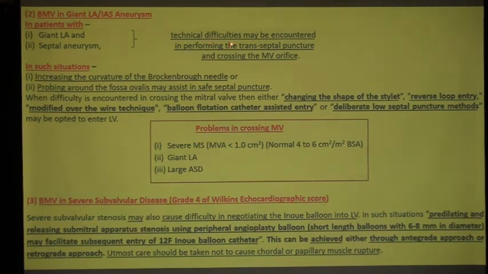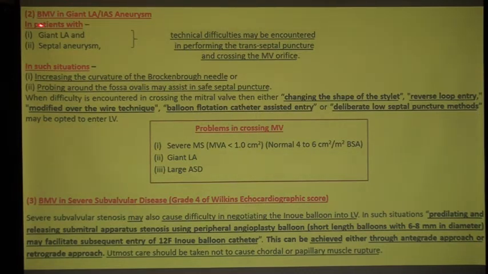Then the second scenario where we find difficulty in entering the balloon and in crossing the mitral valve is balloon mitral valvuloplasty in giant left atrium or interatrial septum aneurysm.